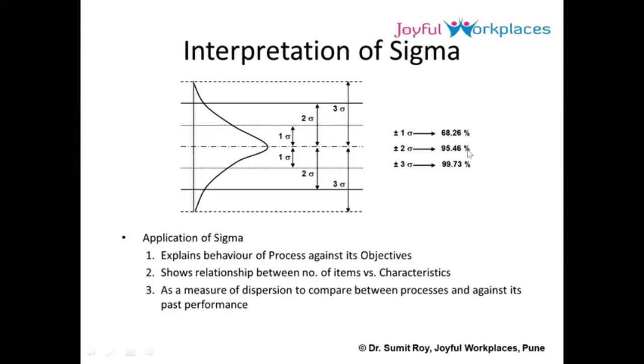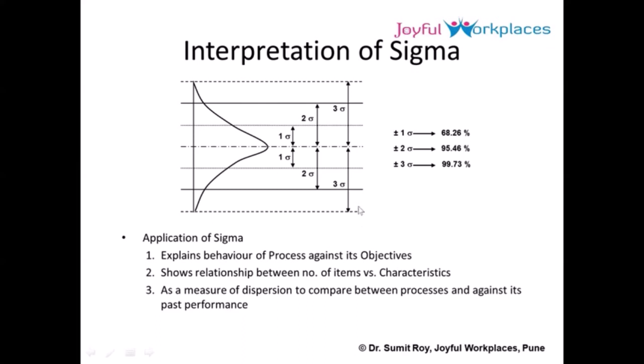About 95% of the points you will find within plus minus 2 sigma lines. You will find about 99.73%, or all but 27 parts in 10,000, within plus minus 3 sigma lines.